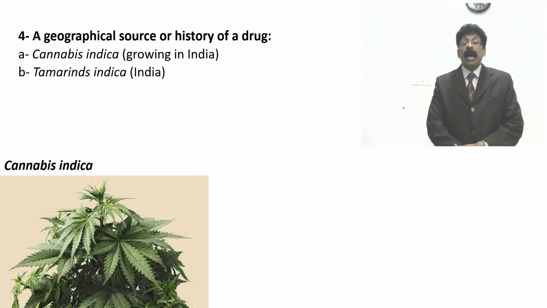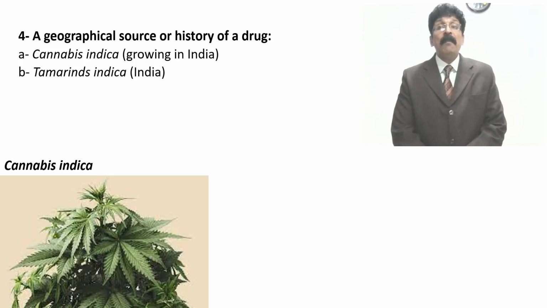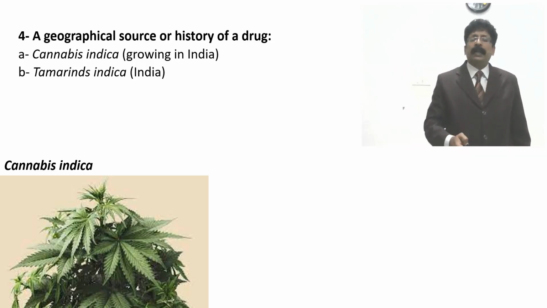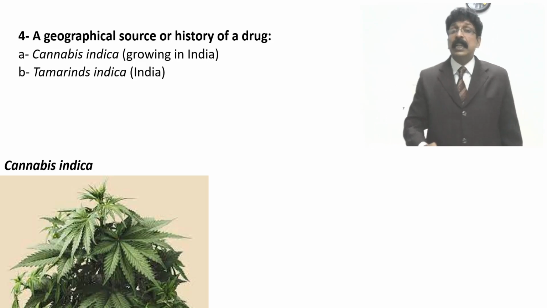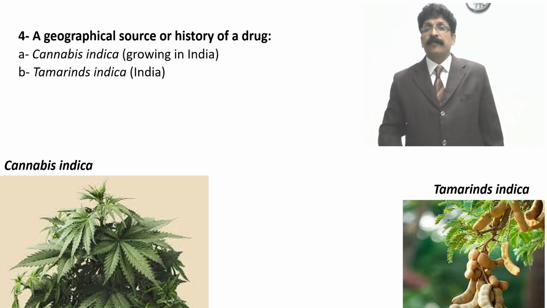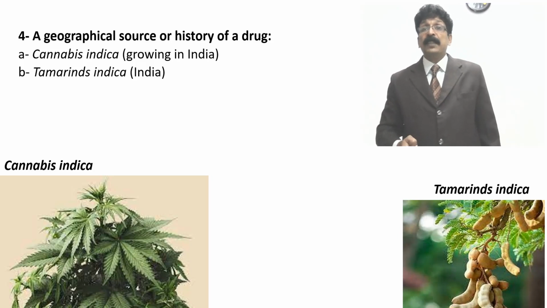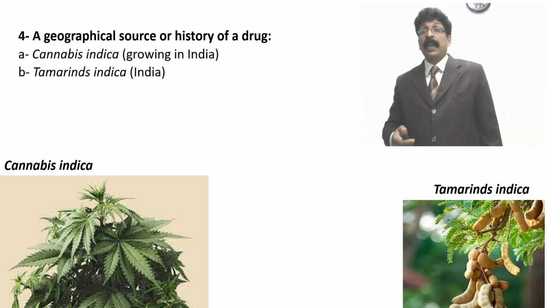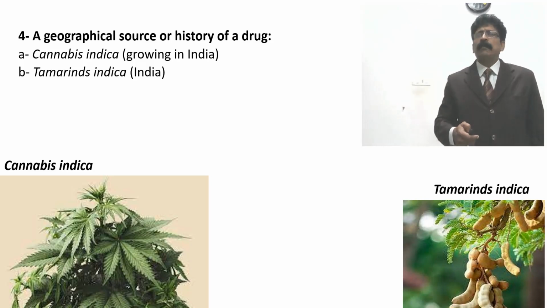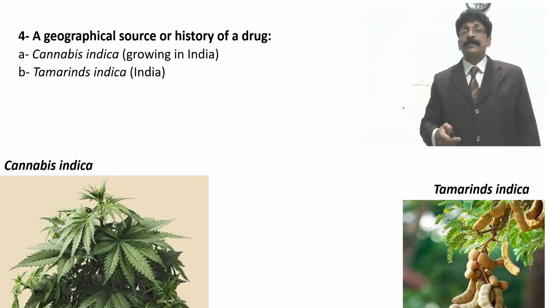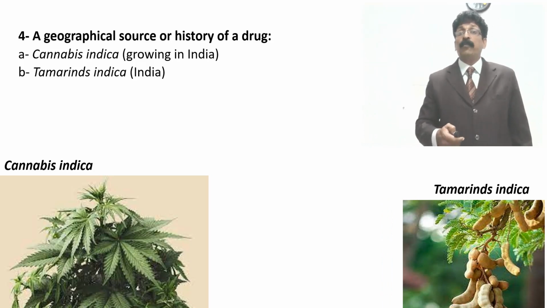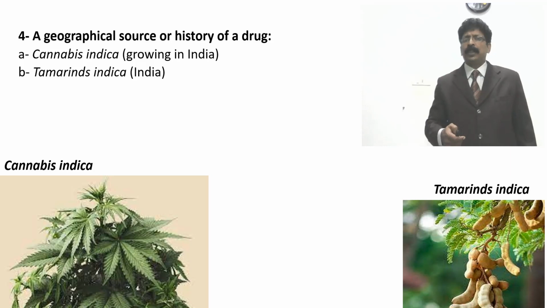Tamarindus indica: tamarind we use a lot in our curries, and it also has medicinal value, for UTI, as a diuretic, and for kidney function.